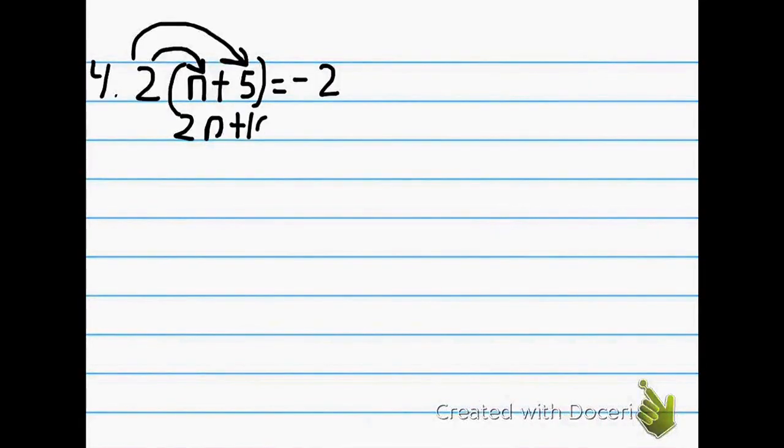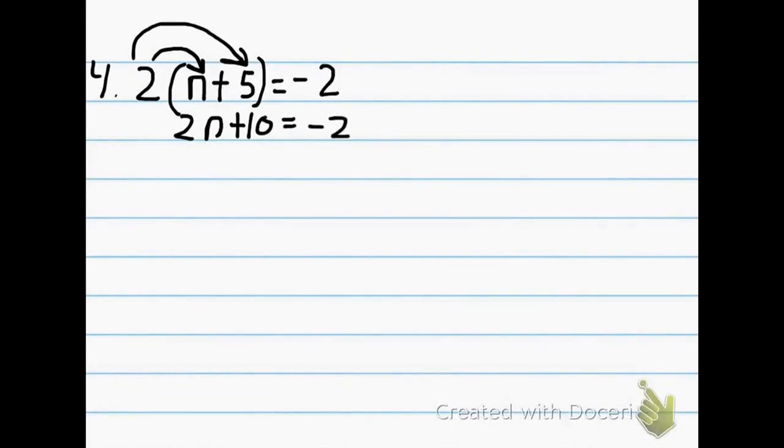So you have to multiply all this. So 2 times n is 2n. And then 2 times 5 is 10. Now you can solve it as normal.